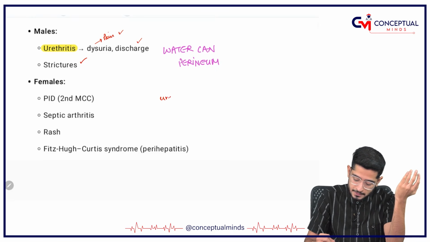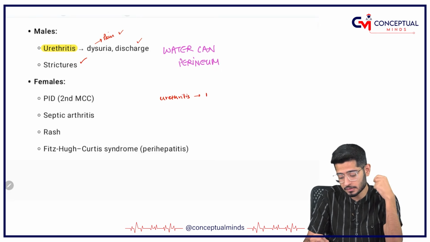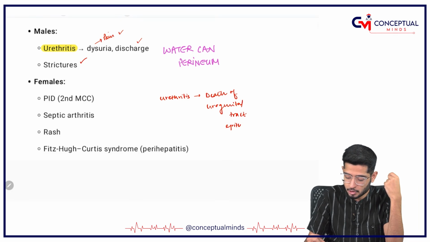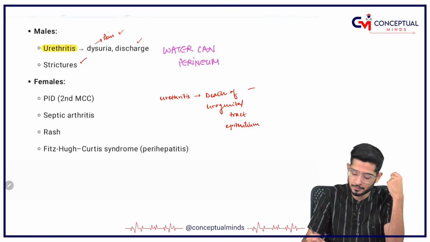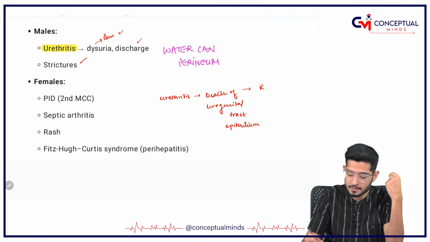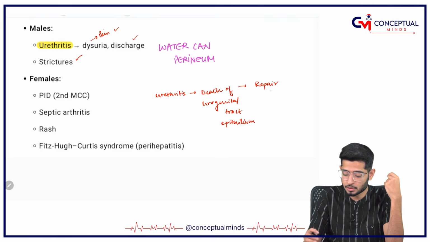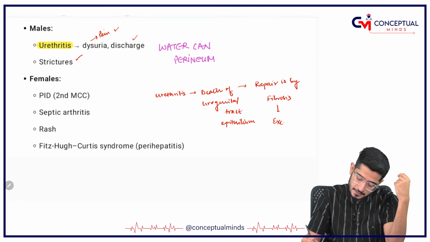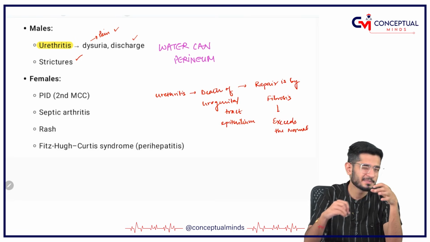Urethritis means inflammation, and obviously it leads to necrosis, death of the urogenital tract epithelium. Once there is a death of the epithelium, this further leads to repair. Repair is by fibrosis. Why is repair by fibrosis?